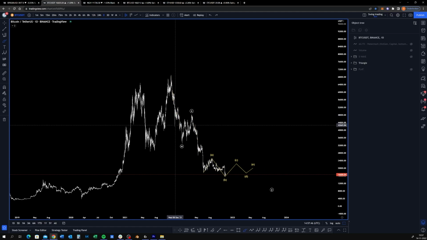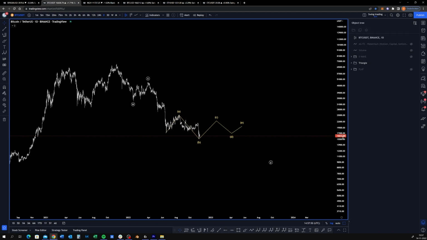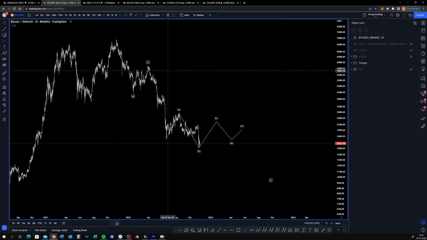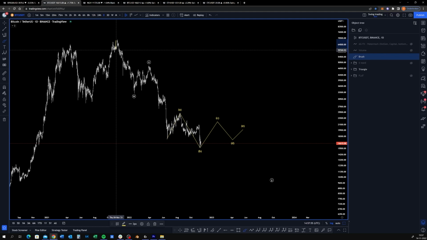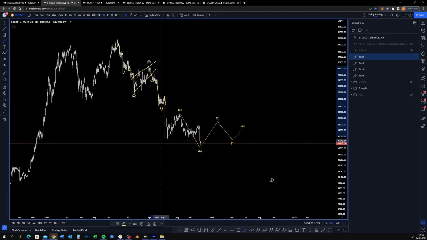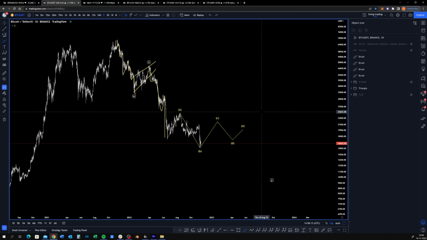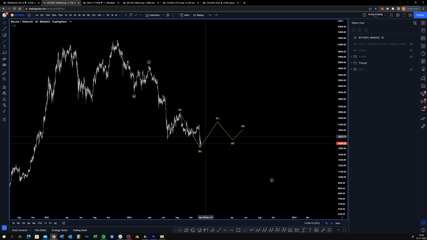So let me get back into log scale so you can see it better. 5 waves down, 1, 2, 3, 4, 5, correction 1, 2, 3, 4, 5, bigger correction into the X, 1, 2, 3, 4, 5, correction 1, 2, 3, 4, 5. Now we're probably in this correction.